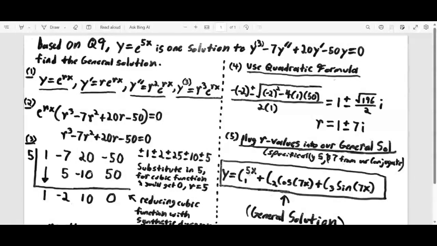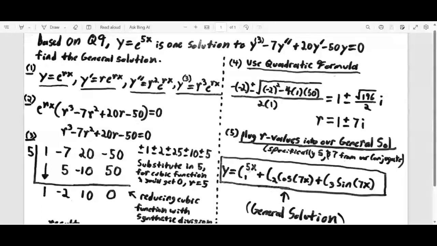The imaginary part of your complex number is going to be right here. The real solution, which is r equal to 5, is going to be right here. Sorry. But yeah, that's your answer.